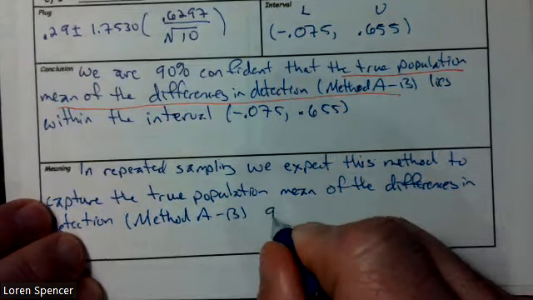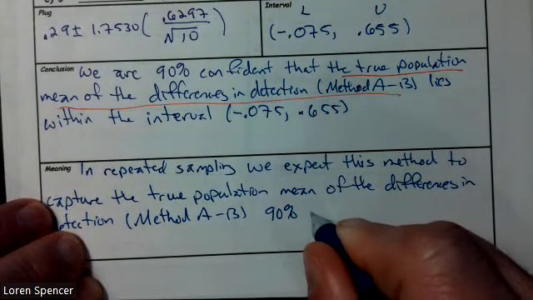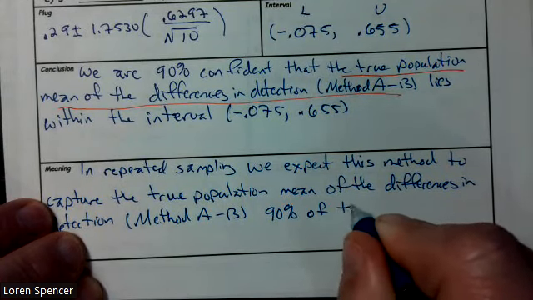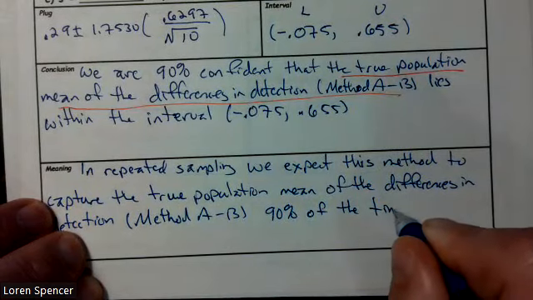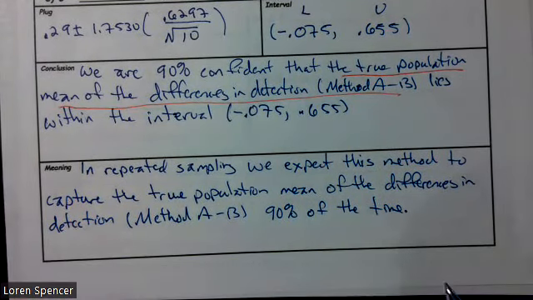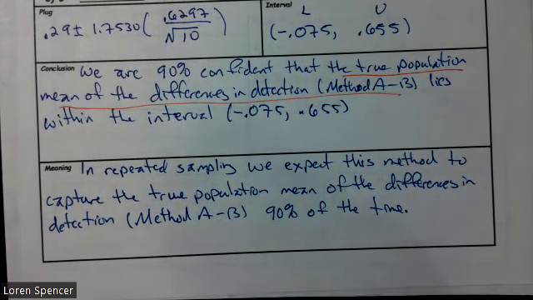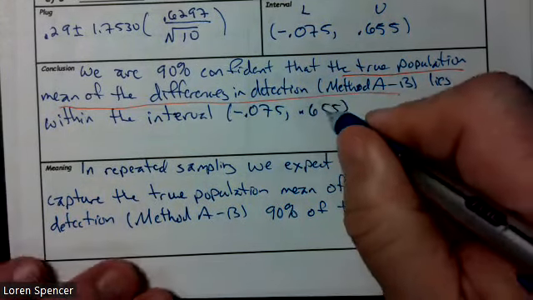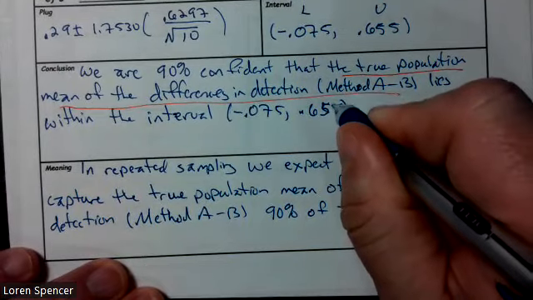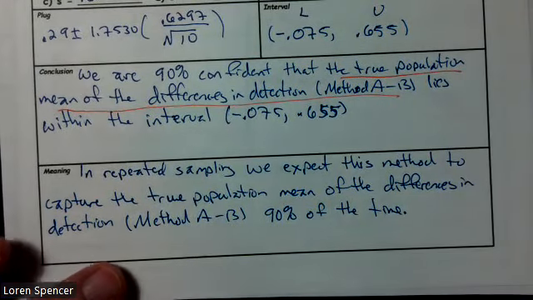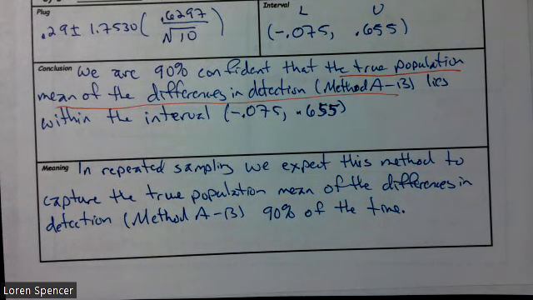Well, how often do we expect it to work? We expect it to work 90% of the time. So if I did it over and over again, I'm not 90% sure I'll get this interval, but I'm 90% sure that the interval that I do get actually contains the true population mean. That also means that if I did this over and over again, 10% of the time, I wouldn't capture it.